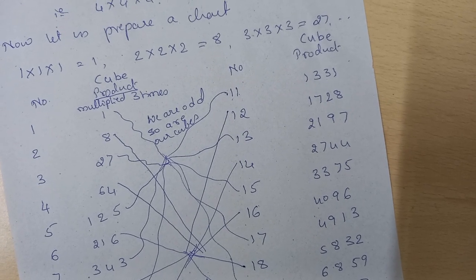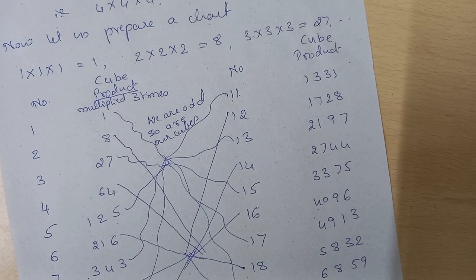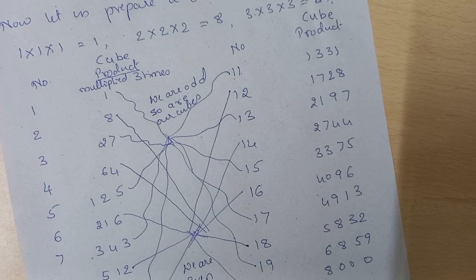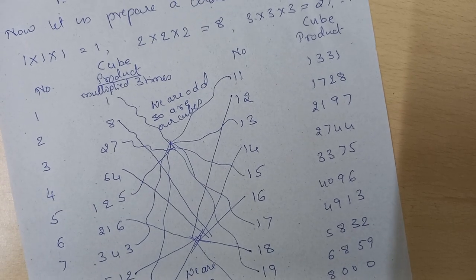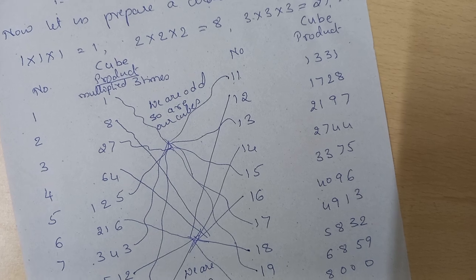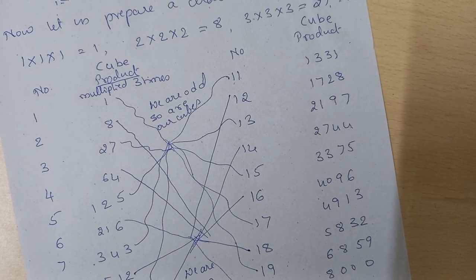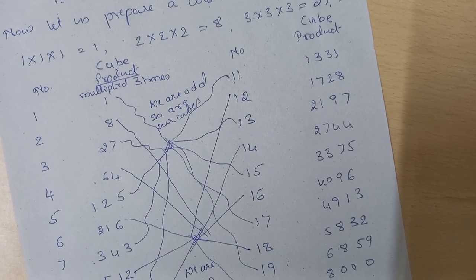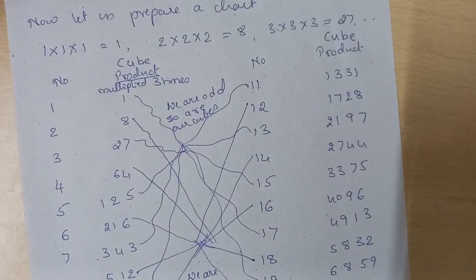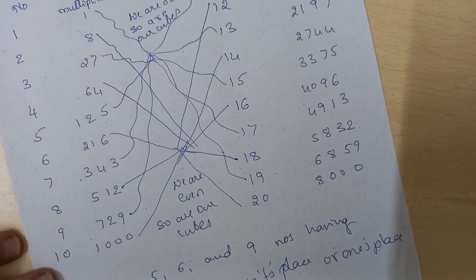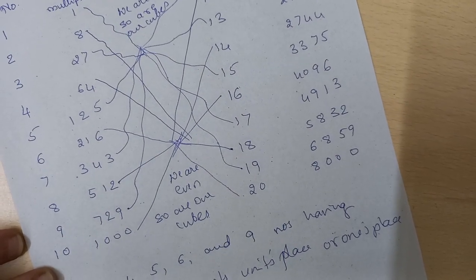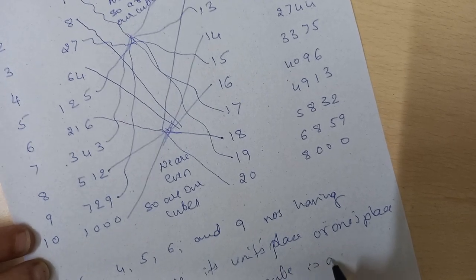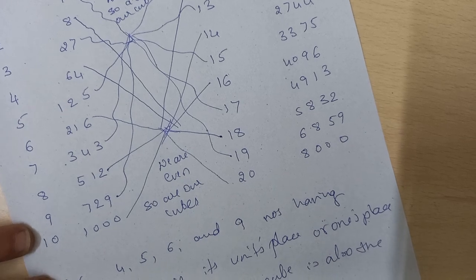See, for numbers having 4, 5, 6 and 9 in the units or ones place, the ones place in its cube is also the same.